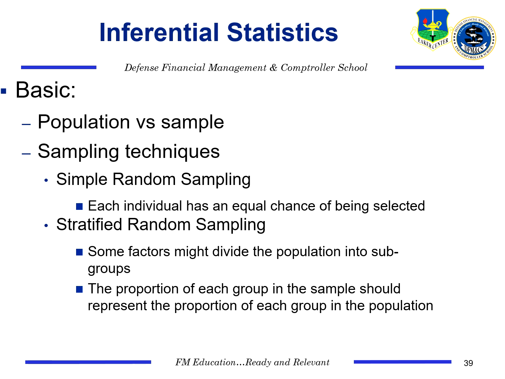So if you know what the bigger population is, and you try to make your sample reflect the bigger population, you are trying to improve your results with your inferential statistics.